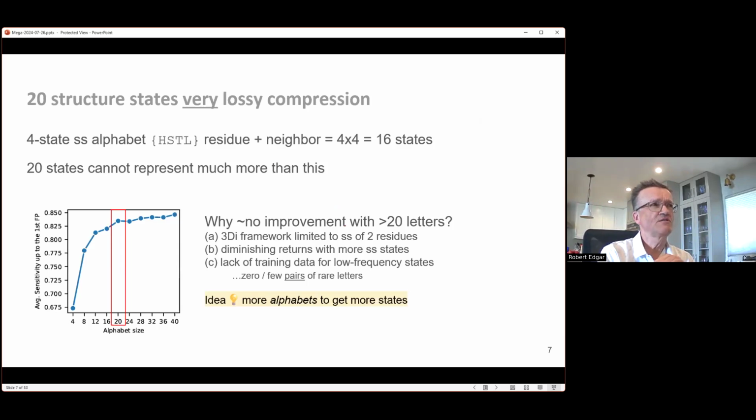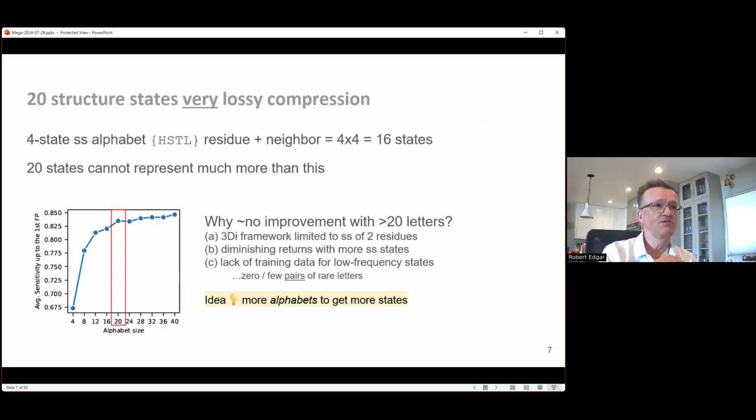But if you think about it, representing structure with only 20 states, you're losing a tremendous amount of information. Think about a 4-state secondary structure alphabet with helix, strand, turn, loop. Now you have that for a neighbor and the residue, so that only gives you a total of 16 states, and you don't have room to say very much more about what's going on in the structure.